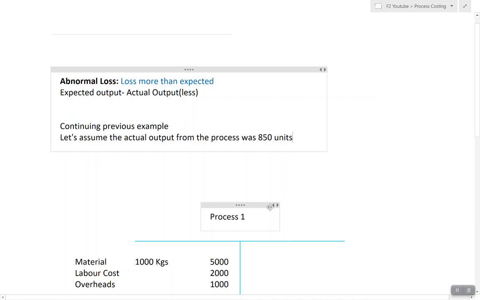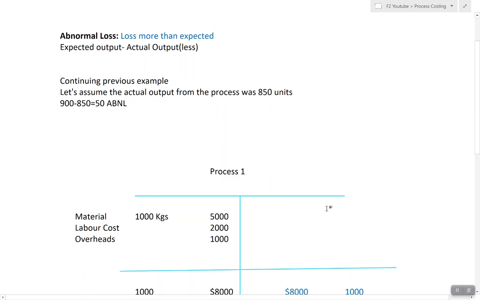So the way to calculate abnormal loss is to look at expected output and actual output. When actual output is less, we have abnormal loss. Like in this case, we have 900 expected output. Actual is 850, so we have 50 abnormal loss. Now, remember, normal loss is always the same.